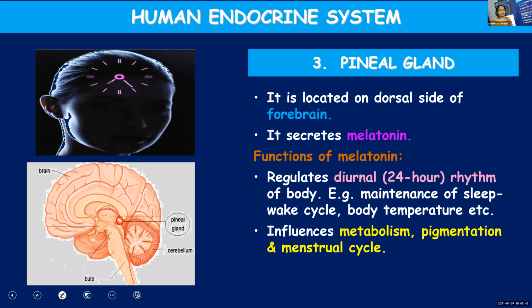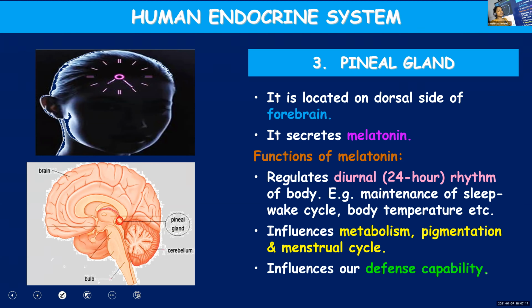It can be asked in different ways. For example, which gland produces melatonin? What is its function? Or, which hormone is responsible for the diurnal rhythm of the body? Which gland secretes it? The question can be asked in a twisted way, so you should be thorough with all these hormones, the glands which produce them, as well as their functions.